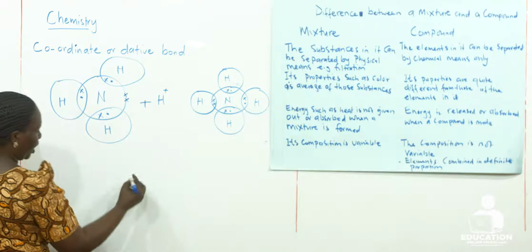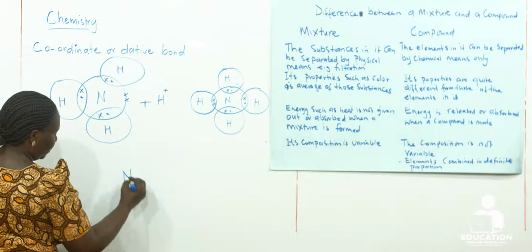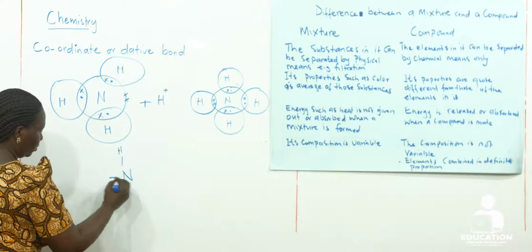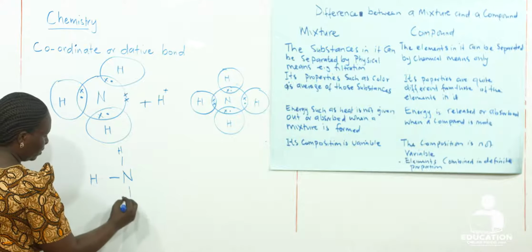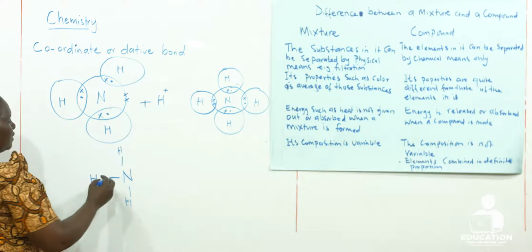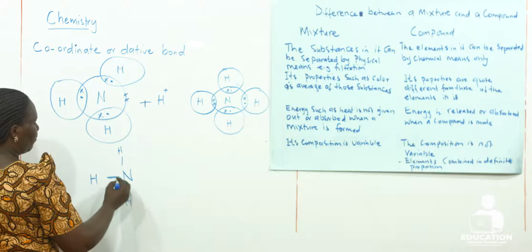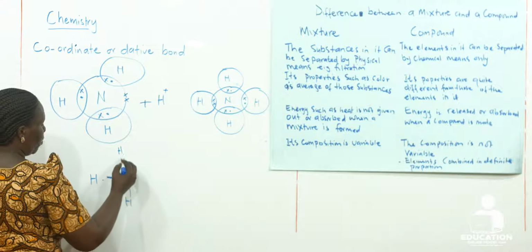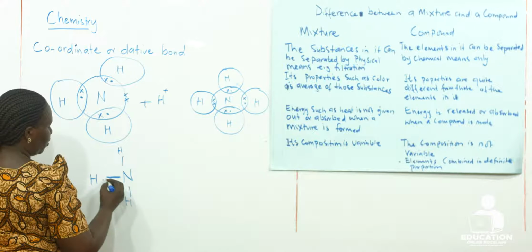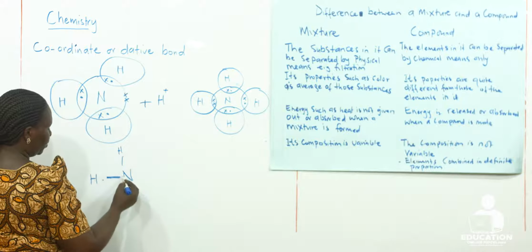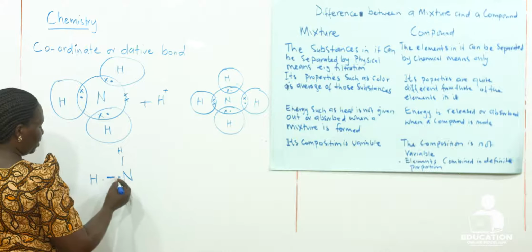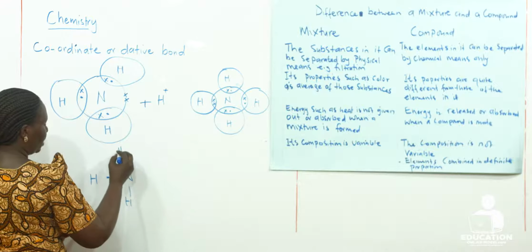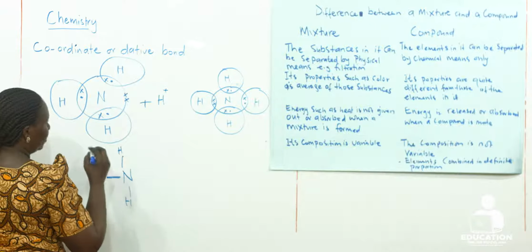So this structure again can be represented in this form. So we have this. This is the bond, the single covalent bond between nitrogen and hydrogen, each one contributing 1 electron. So here, single covalent bond between hydrogen and nitrogen, nitrogen contributing 1 electron and hydrogen contributing 1 electron. Here also, this hydrogen atom will contribute 1, nitrogen 1.